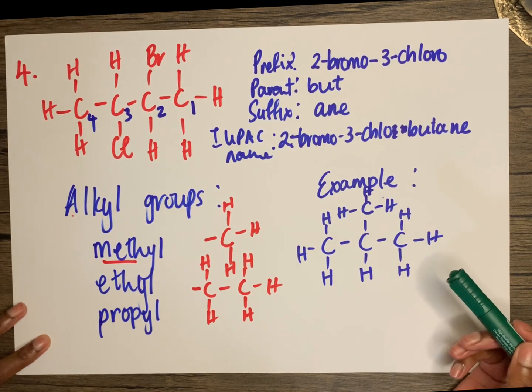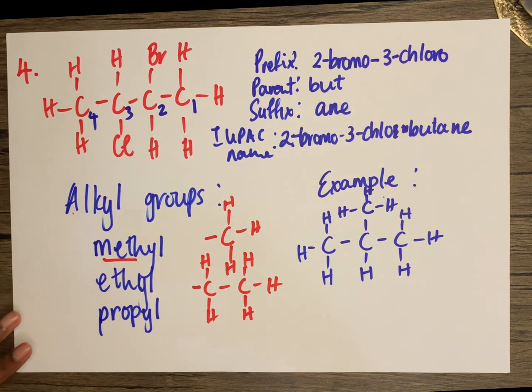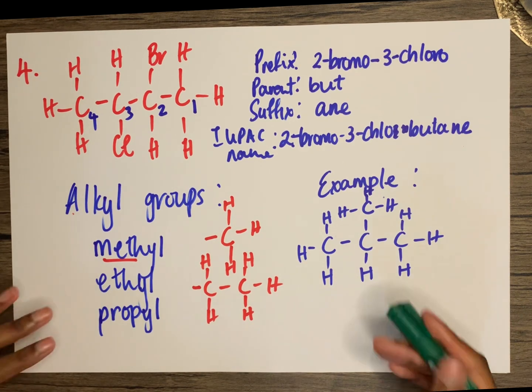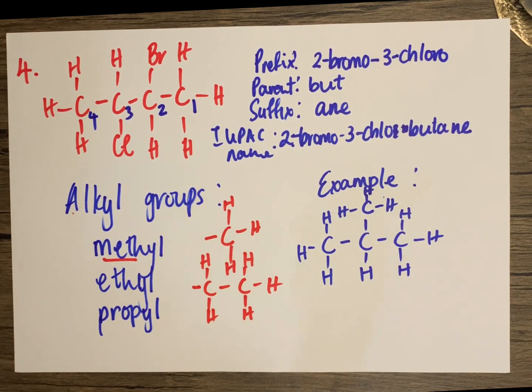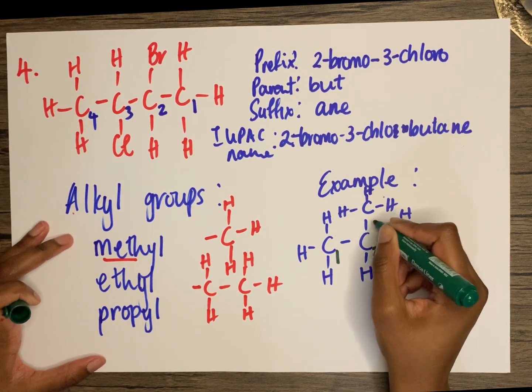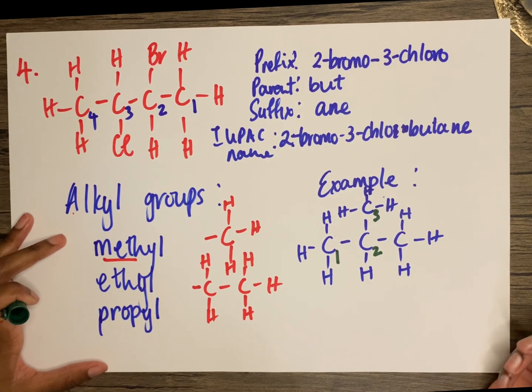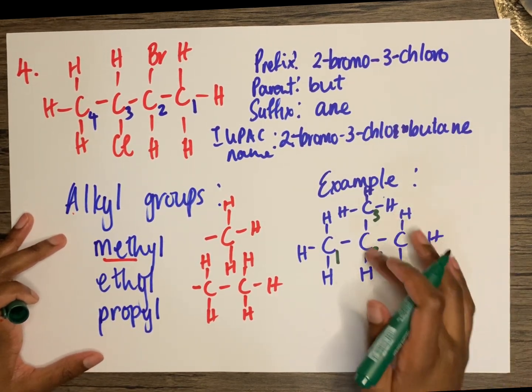It's no longer a chain because this one is just on the side. So a carbon chain has to be carbon bonded to another carbon, bonded to another carbon, bonded to another one. The longest one that you can get, that's going to be your parent chain. So when you look at this molecule, the longest carbon chain that you can get is 1, 2, 3 carbons, right? And then this one becomes a substituent.